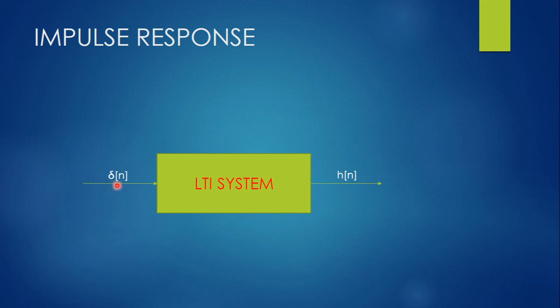You give delta n to an LTI system. Here I am writing only LTI systems, linear time invariant systems. The output you get is h[n]. That is known as the impulse response. Impulse response is what? The output of a system when the input is the unit impulse, when the input is delta n.